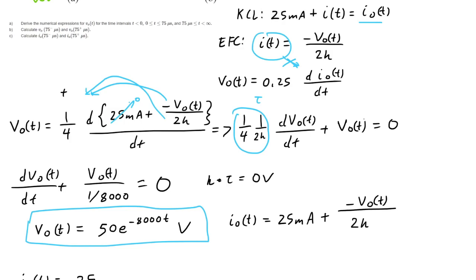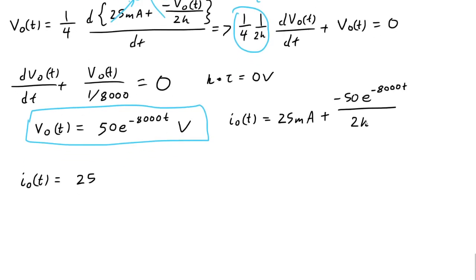Now we know Vo(t) is going to be minus 50 e to the minus 8,000 t. So we're going to have 25 minus 50 divided by 2 is 25, e to the minus 8,000 t milliamps.